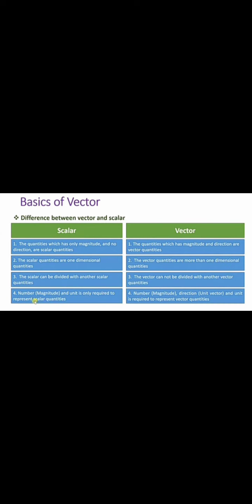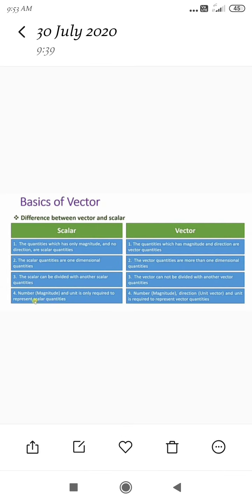A suffix x is the particular direction: x direction, y direction, and z direction of the unit A. That is the general representation of a vector in Cartesian form.